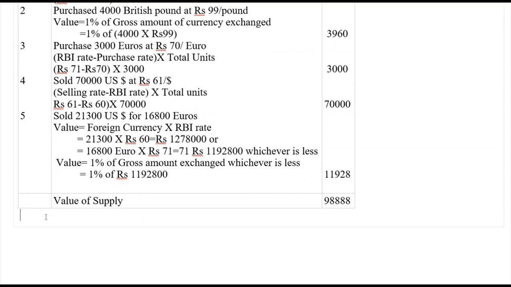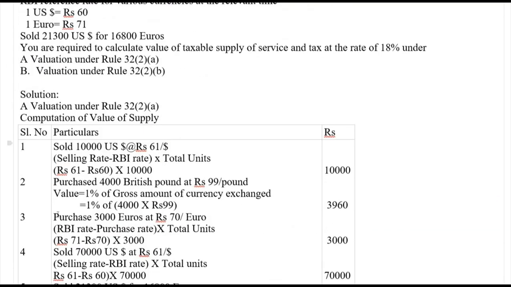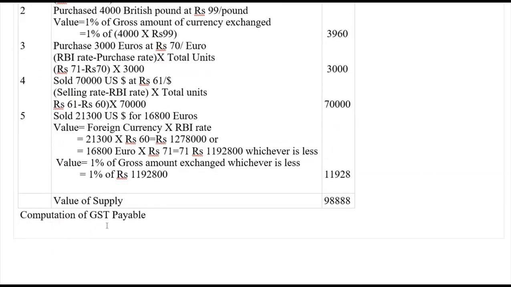So we need to find out the GST also here. Computation of GST payable: the rate of GST is 18% here.